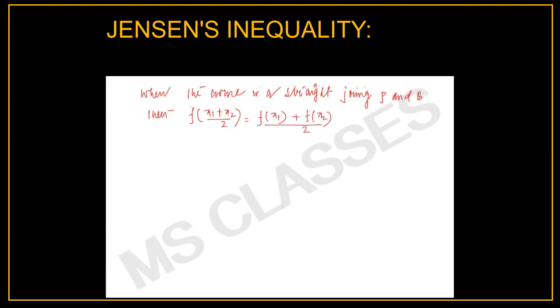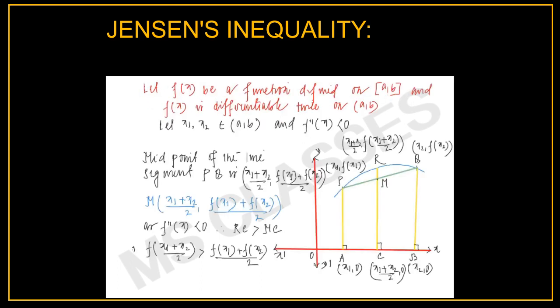Now similarly, if it was like this, that f double dash is greater than 0, then we know it is concave up. When f double dash is greater than 0, that is, if we imagine it in this way, that we have the curve like this. Now, when is this possible? When f double dash is greater than 0.